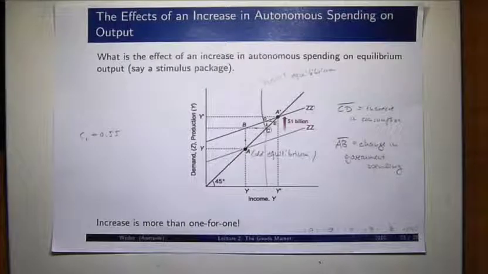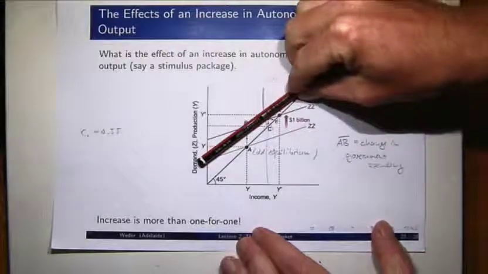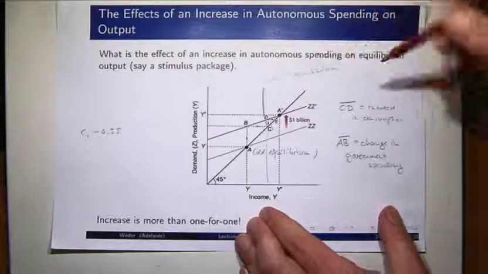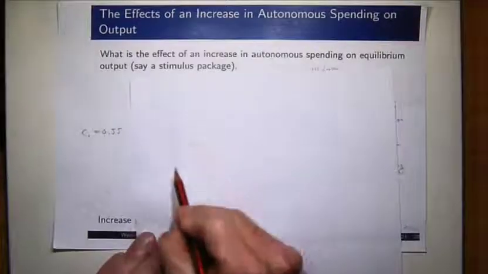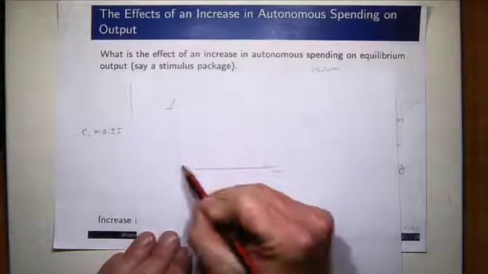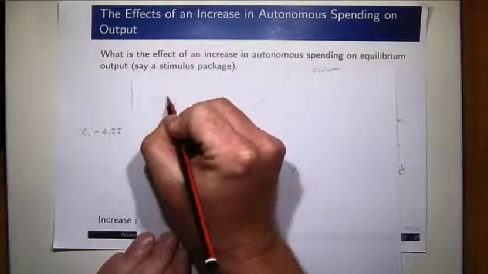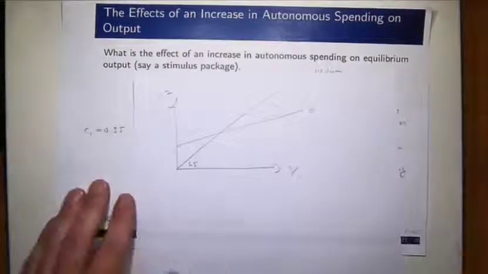Of course, if this marginal propensity to consume becomes relatively big, close to 1, what happens? Well, this curve has a larger slope. This means that the increase from an exogenous spending increase will become bigger. Okay, so if I have here my 45-degree line, output, and spending, and here I have my spending equation.